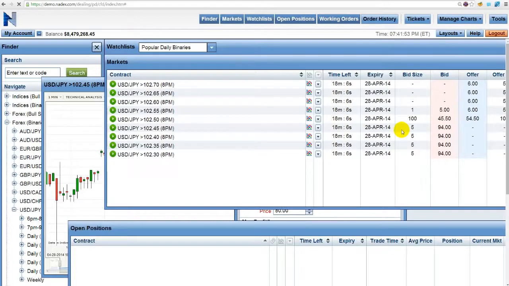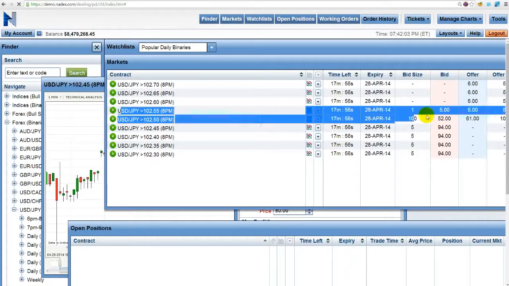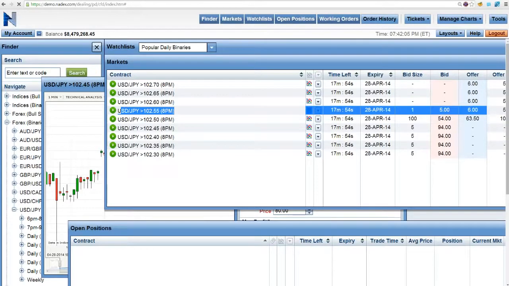So this is something that came up a lot this week with some new traders that came on, and it's helping them learn this. Who can tell me if this contract right here is in the money or out of the money?